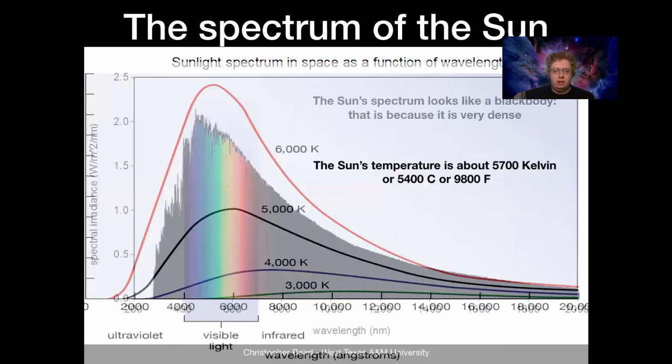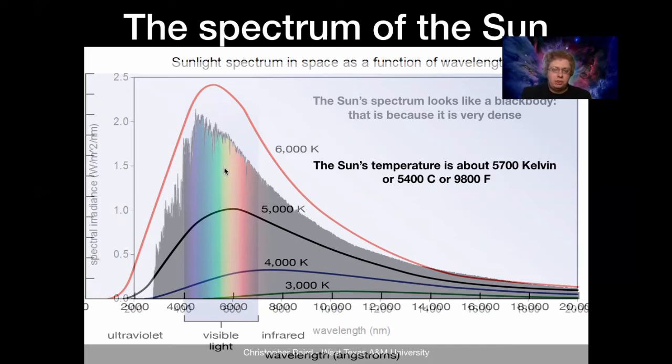If you compare the sun spectrum to these black body curves, you can find that the sun has light that peaks in the visible range. The most light that the sun puts out is around 5,000 angstroms, or 500 nanometers. This is the wavelength of green light, basically.